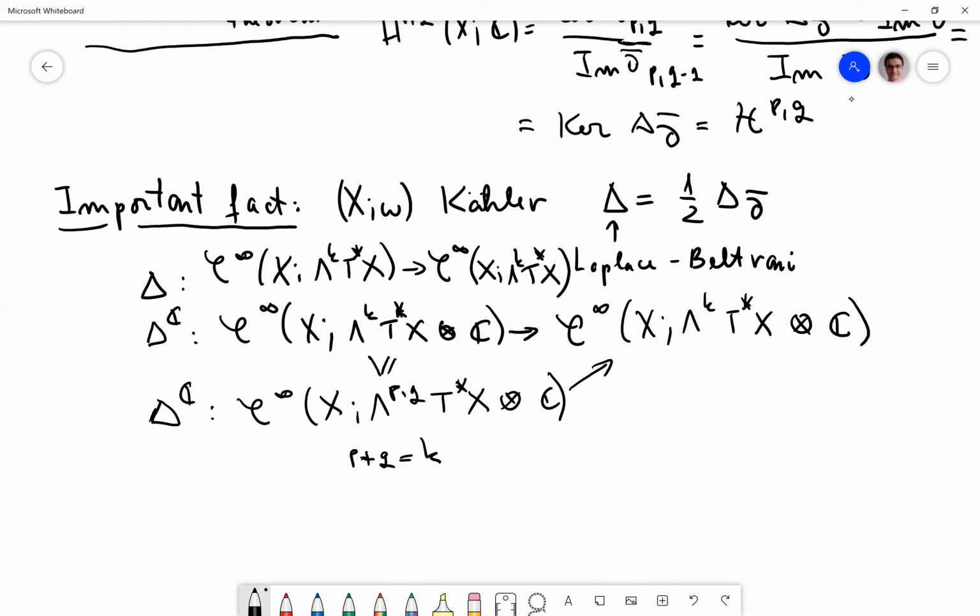Now, in the Kahler case, what this identity means is that the complexified Laplace-Beltrami is equal to 1/2 of the Hodge Laplacian. Okay, so in particular, the image of this space also lands in the space of (p,q) forms because the Hodge Laplacian takes you to (p,q) forms, as we just learned.